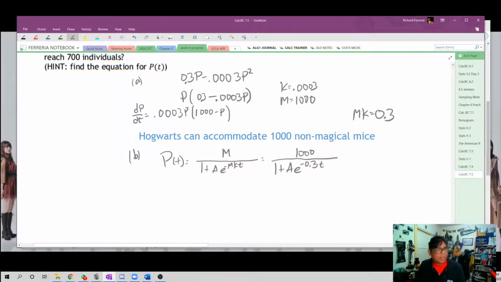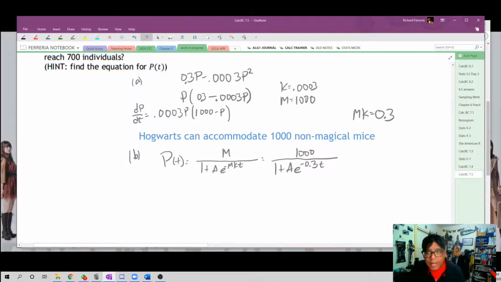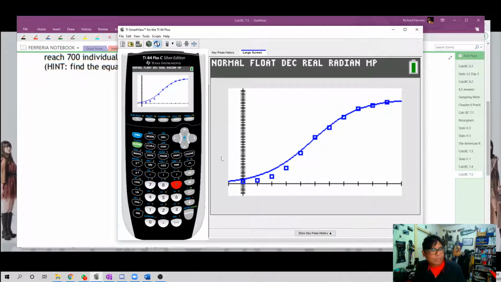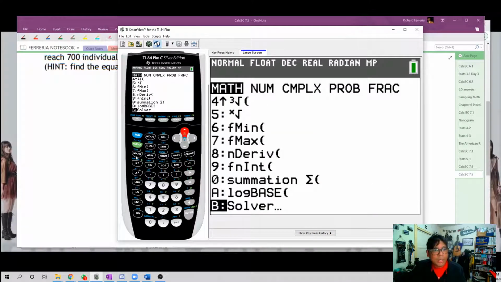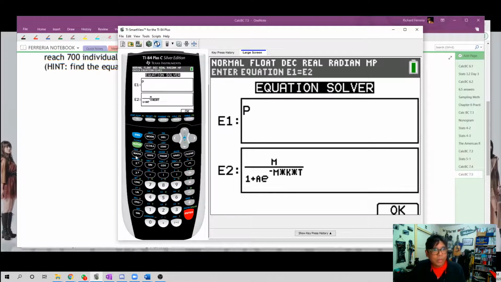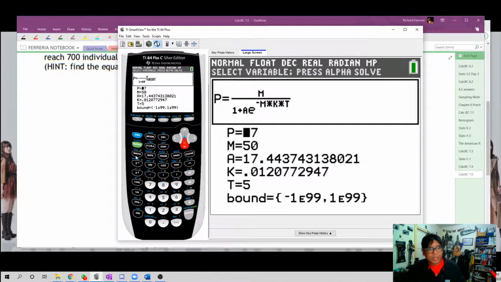The next thing to do is solve for A. So let's go ahead and get to our solver on our calculator. We'll put in the things that we know. Okay, we still have the growth equation here, so we can just start substituting things here. I'll leave population alone. I know M is 1000. I don't have a value for A. I do have a value for k.